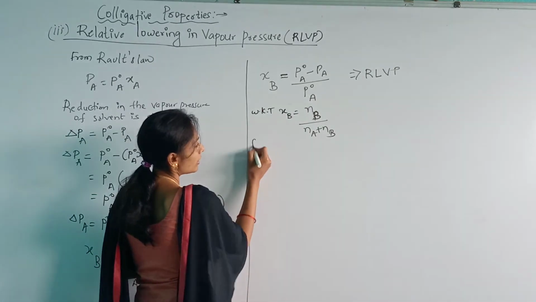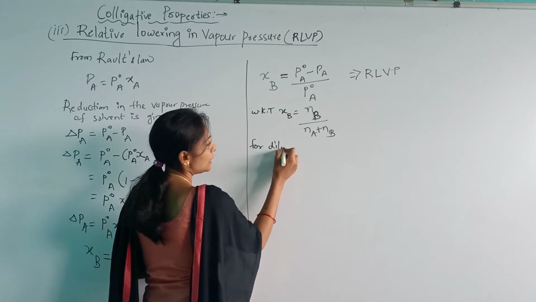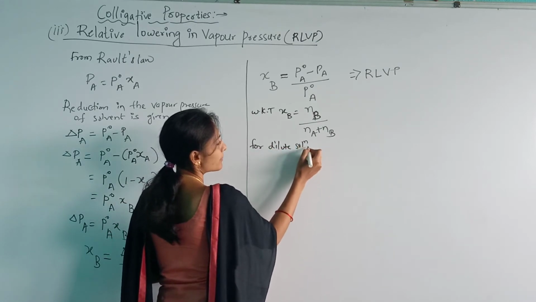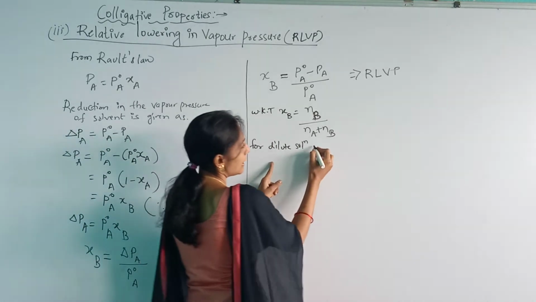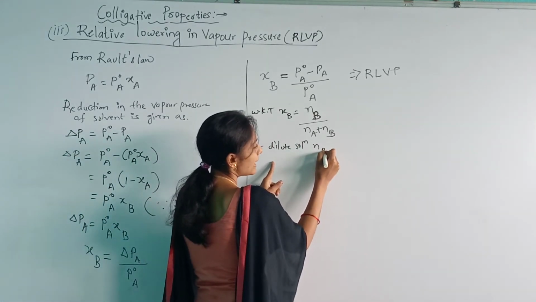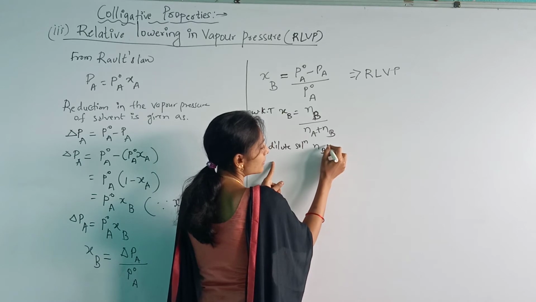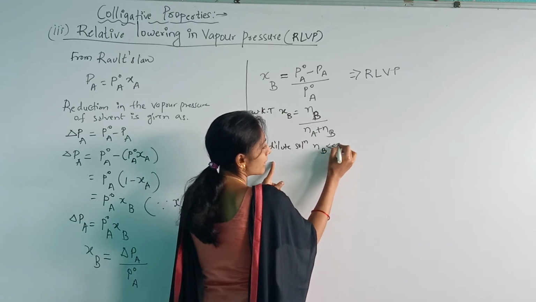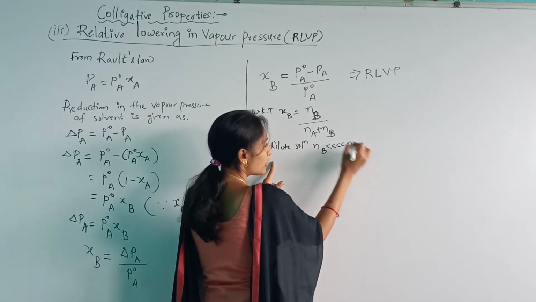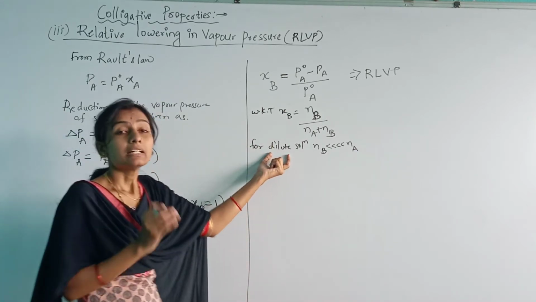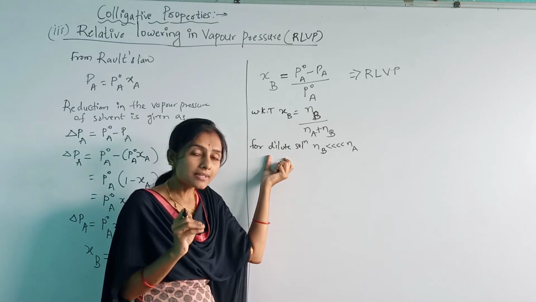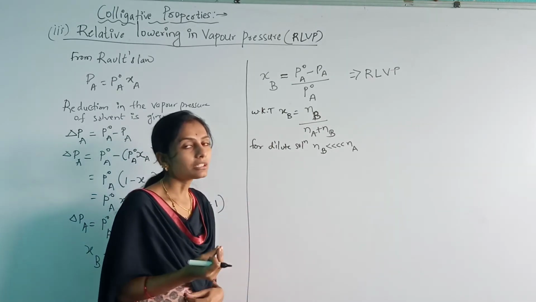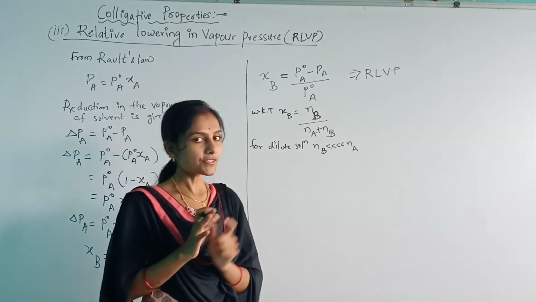Now, for dilute solutions, we are taking a dilute solution, so NB will be very small compared to NA. Dilute refers to low concentration of solute and more concentration of solvent.